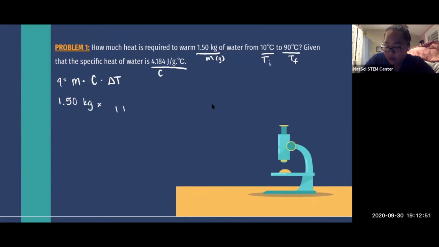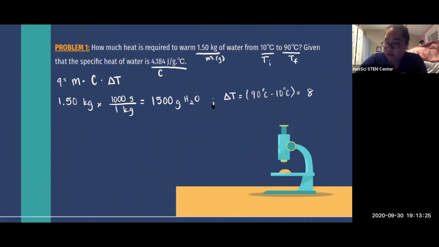In 1 kilogram, there are 1,000 grams, so you end up with 1,500 grams of H2O. Then I would do my delta T calculation, which is T final minus T initial: 90 degrees minus 10 degrees Celsius, and that's equal to 80 degrees Celsius.